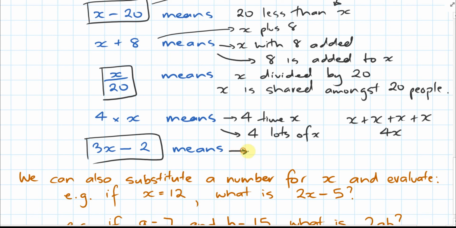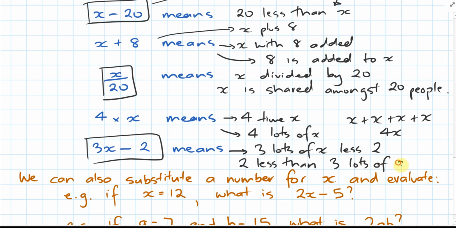We can rewrite that as 3 lots of x less 2, or 2 less than 3 lots of x.